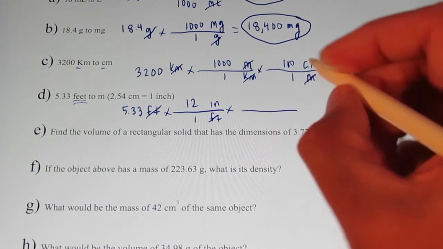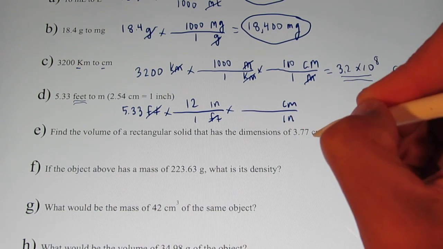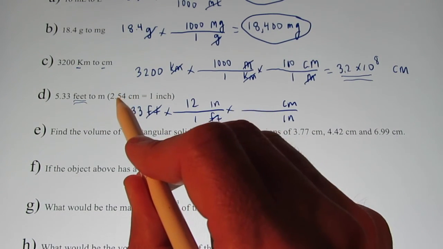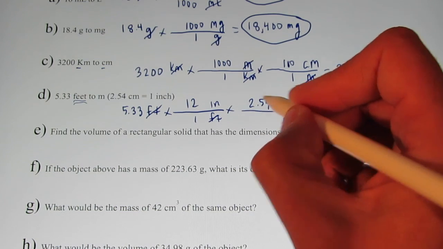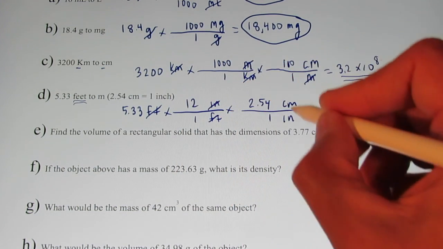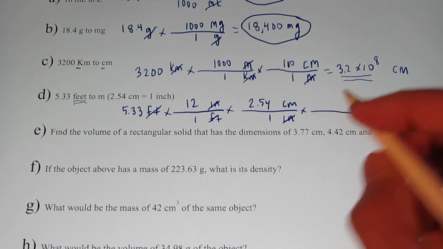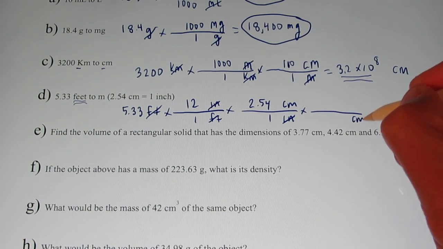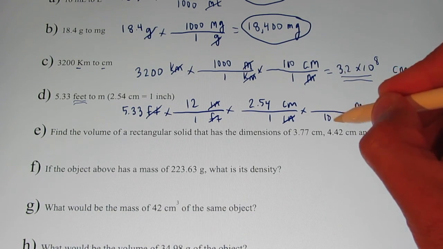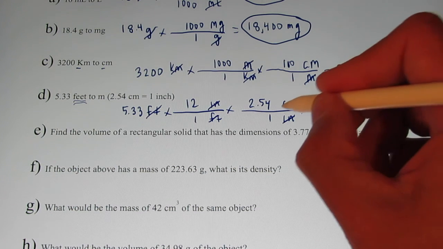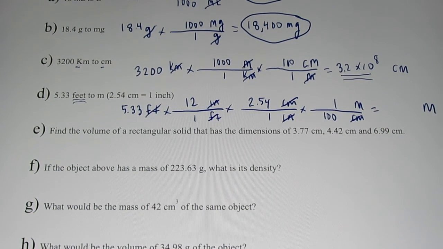And then I can get out of inches and into centimeters, because I know this conversion factor. There are 2.54 centimeters in 1 inch. So now inches are gone and I'm in centimeters. And finally, to get into meters, we're going to put centimeters on the bottom, meters on top. Remember from the last one, there are 100 centimeters in a meter. So centimeters divide out, and we'll have our answer in meters.